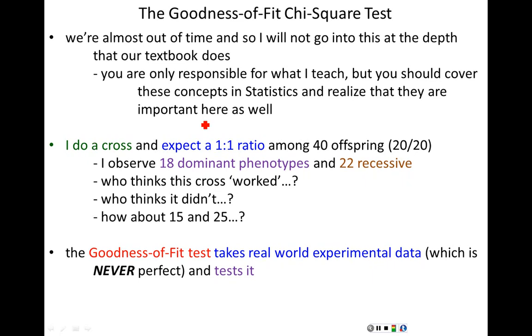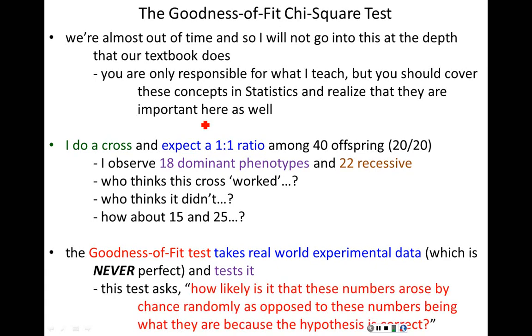The goodness of fit test is a statistical test based on the chi-squared calculation that takes real-world experimental data, which is never, ever perfect, such as 18 and 22, 15 and 25, and tests it. The test tells the experimenter how likely it is that the numbers you see arose by chance randomly, in other words, have nothing to do with your prediction at all, as opposed to the numbers being what they are because of your prediction.